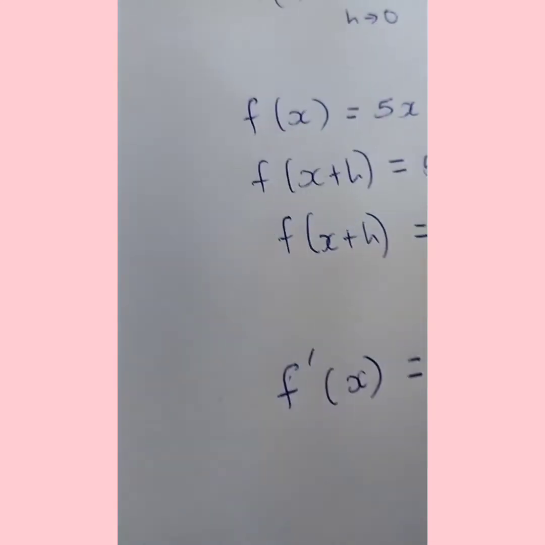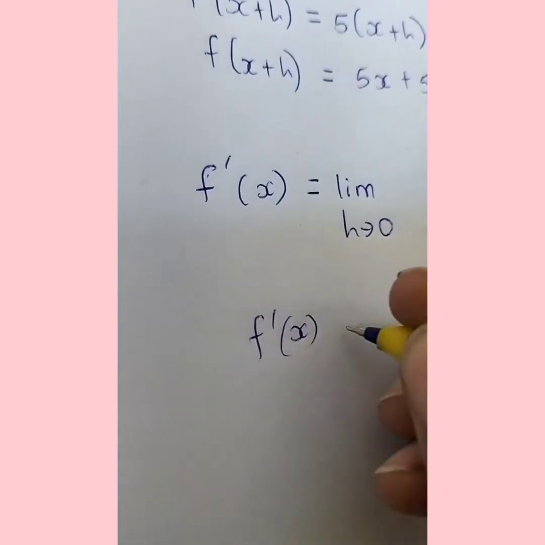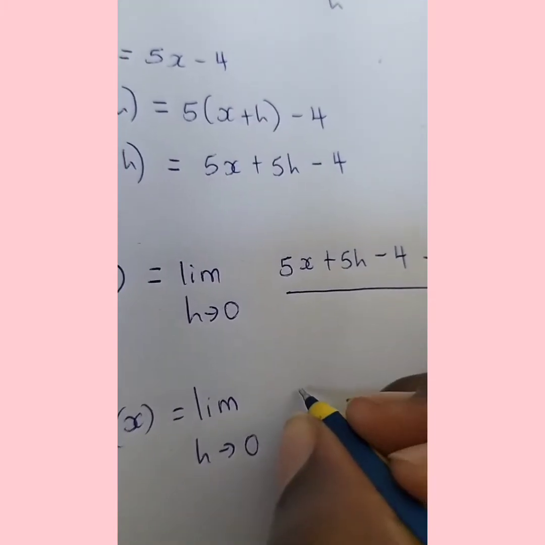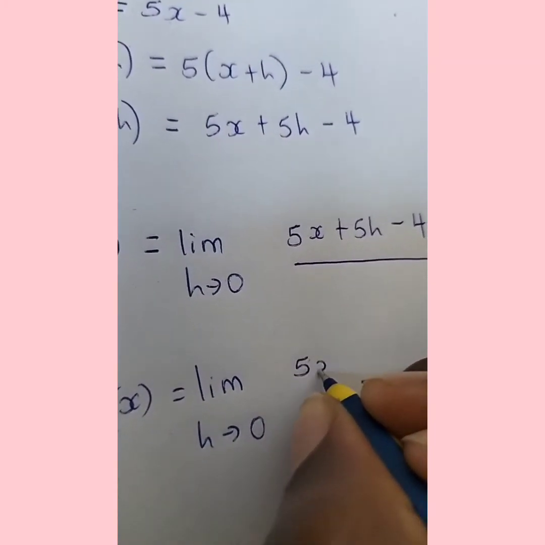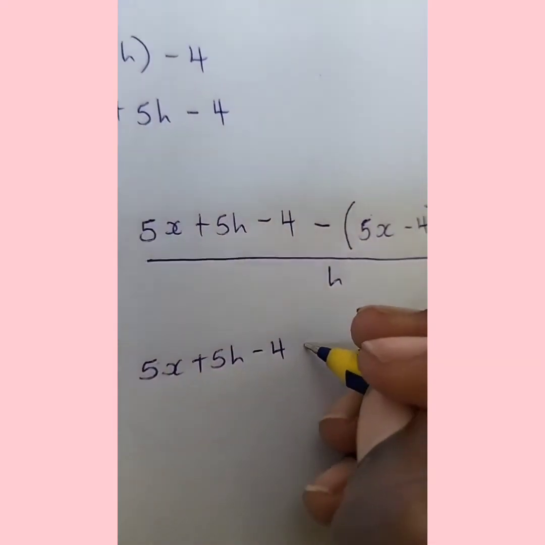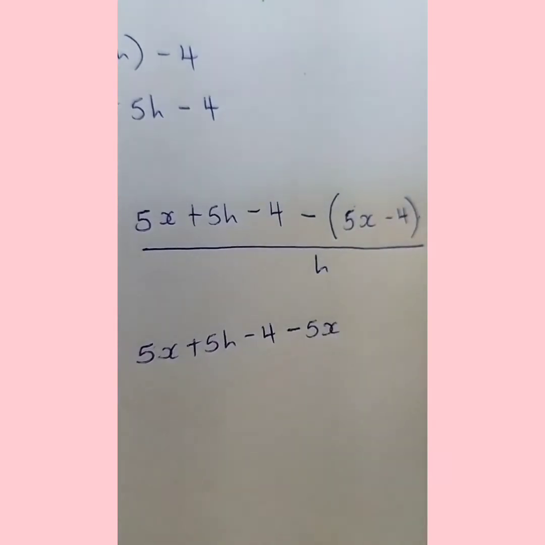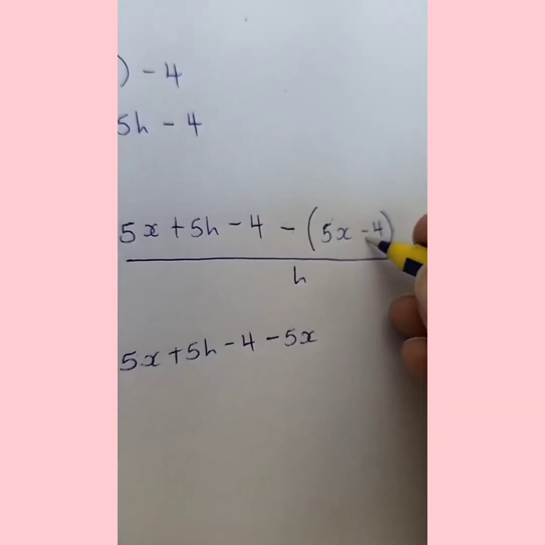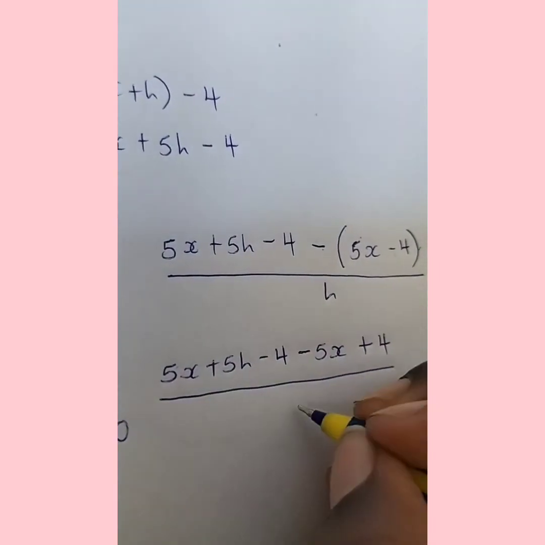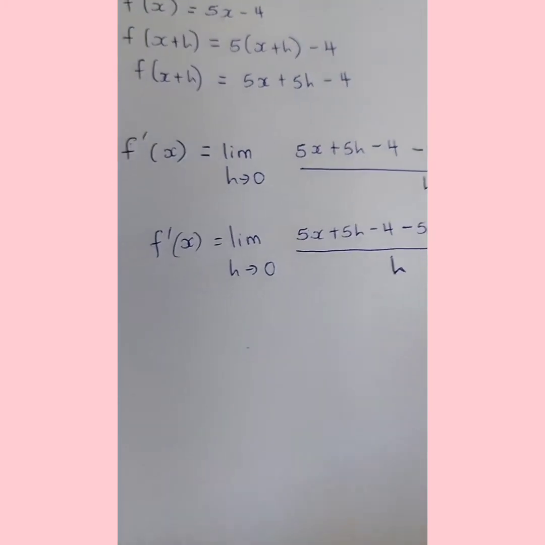So we will have the limit as h approaches 0 of 5x plus 5h subtract 4, negative times positive 5x will be negative 5x, negative times negative 4 will be positive 4, over h.